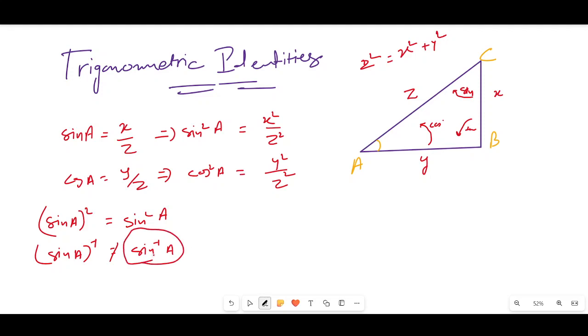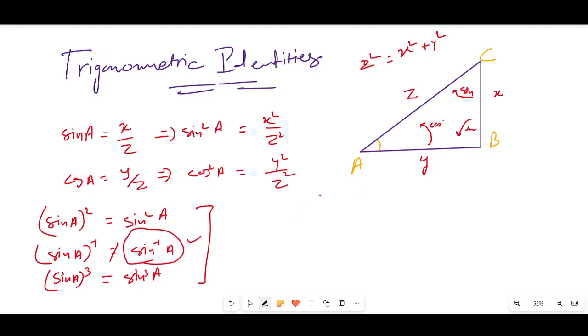First, you should remember it. In the same manner, if you write sine A power cube, then it will be equal to sine cube A. Clear? But you should remember it. This is our understanding.